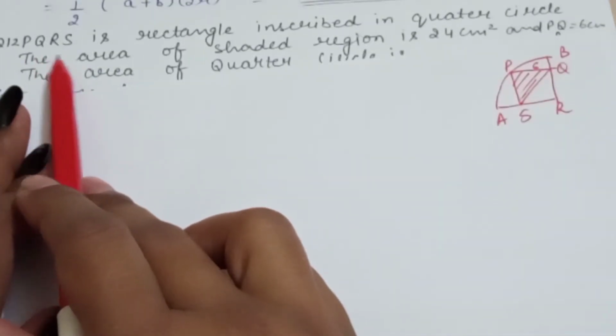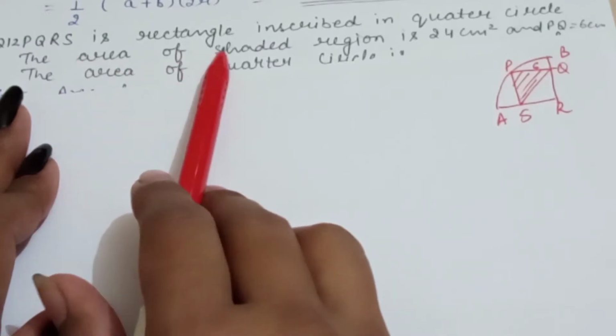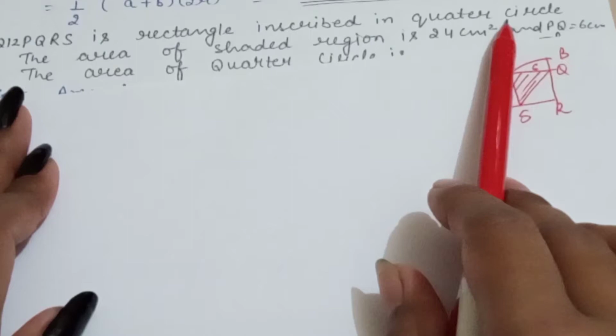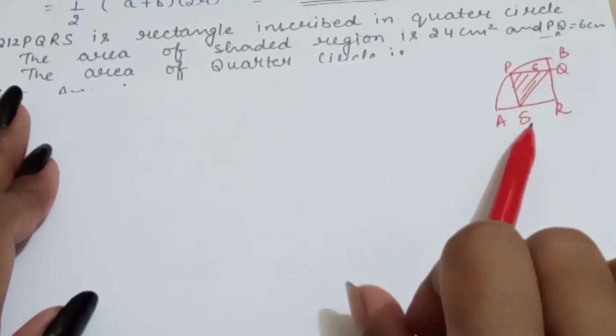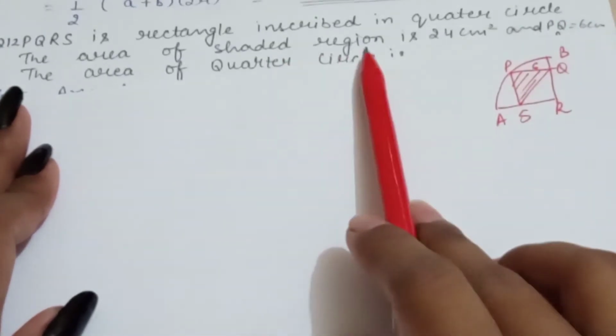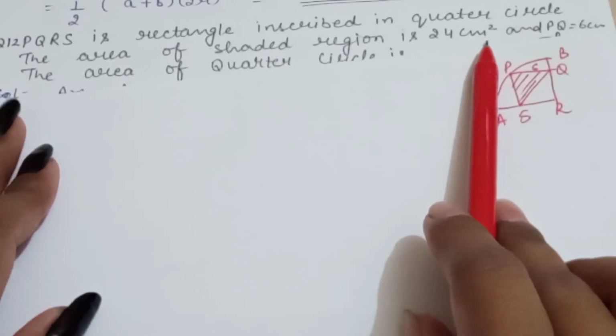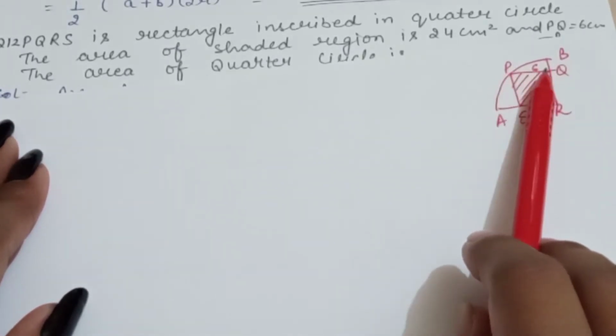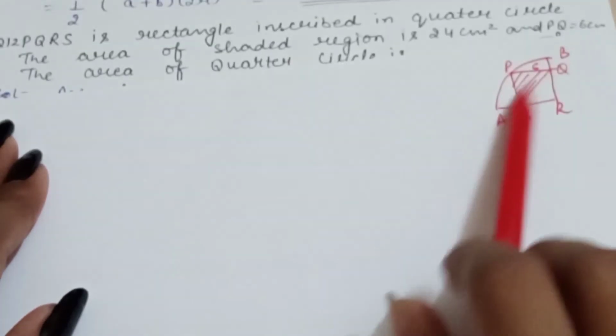Next question is PQRS is a rectangle. In the quarter circle, the area of shaded region is 24 centimeter square. PQ equals 6 centimeter. We have to find the area of quarter circle.